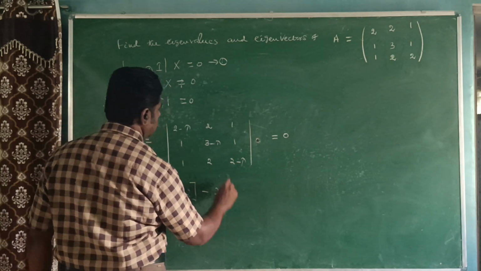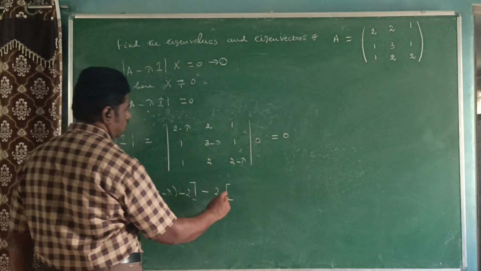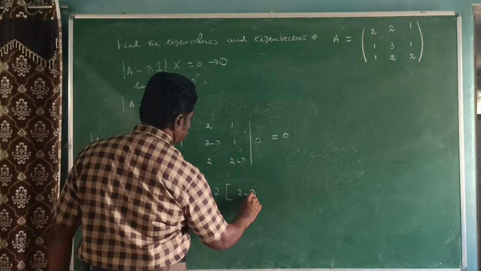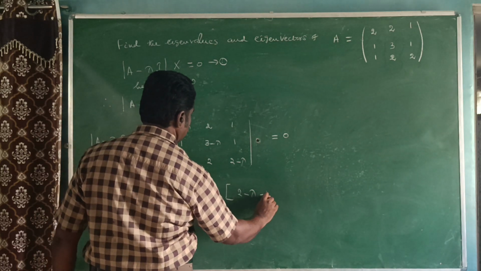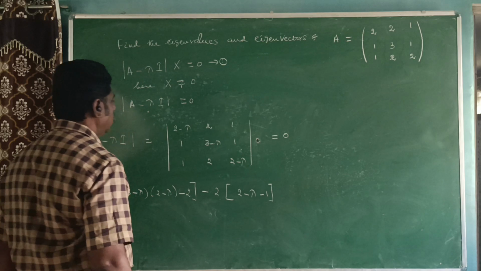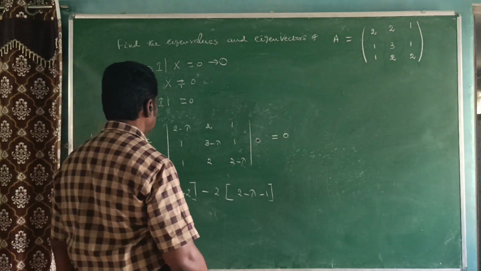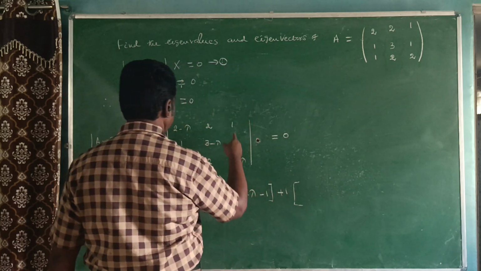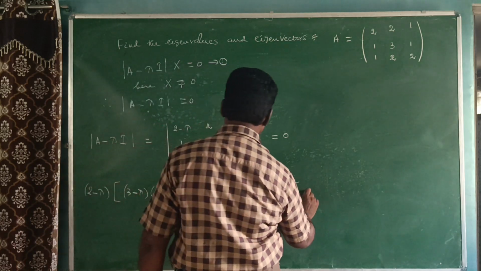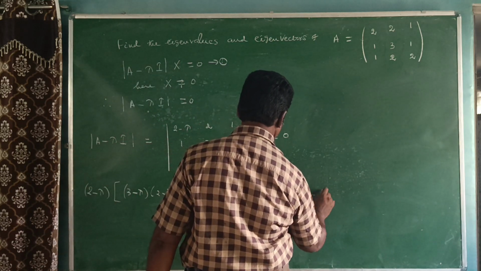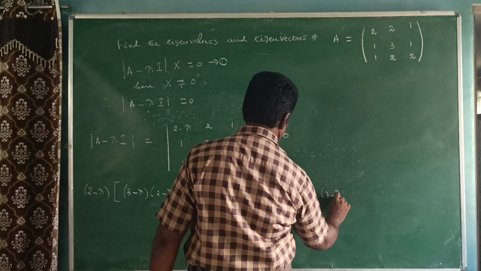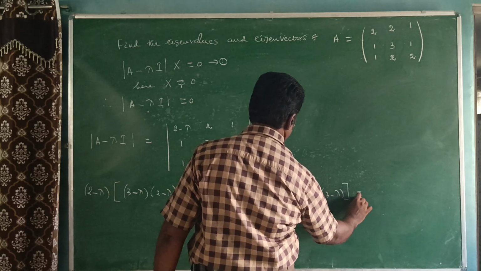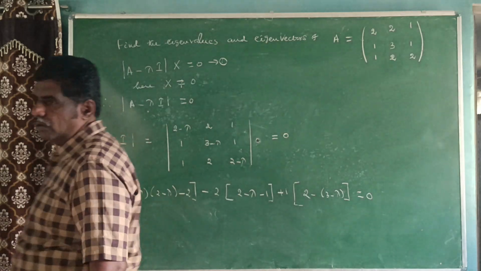Then minus 2 into, leave this column and this row, (2 minus lambda) minus 1. Plus 1 into, leave this column and this row, 2 minus (3 minus lambda), equal to 0.